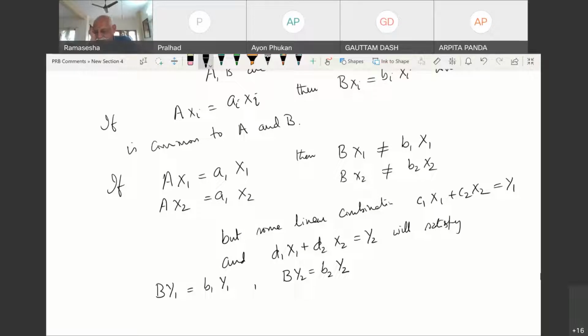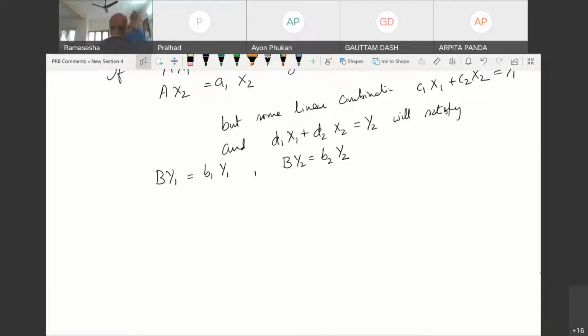Yes, sir. Sir, if Bx were not equal to b1x, why can't we have it equal? What will happen if it is equal? No, in general it is not true. For example, I'll tell you, in spin algebra you come across this very often.